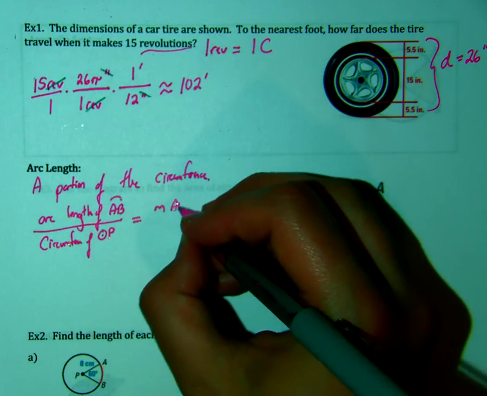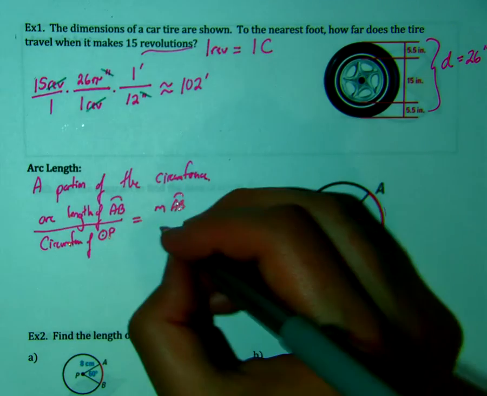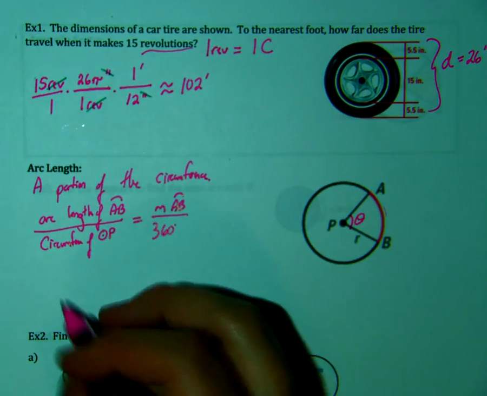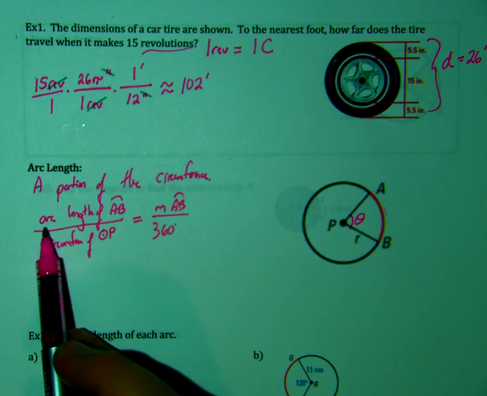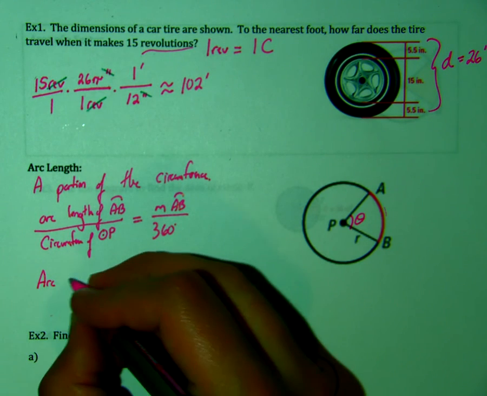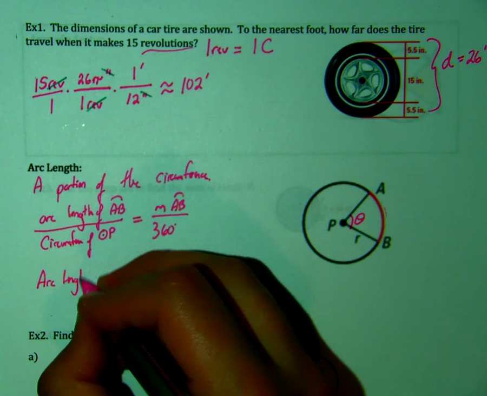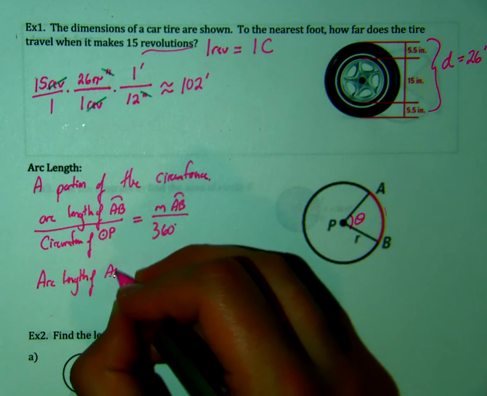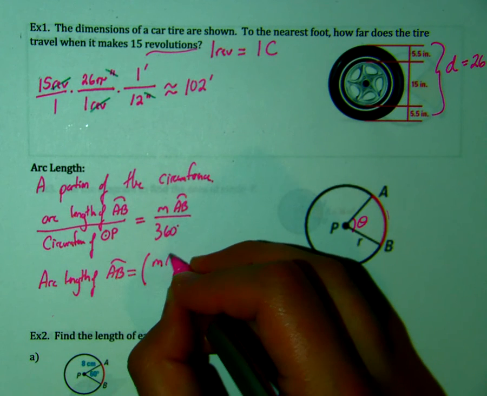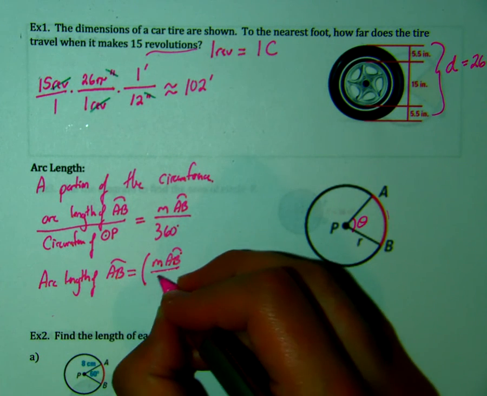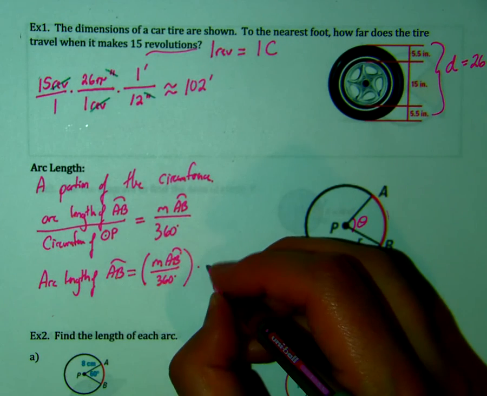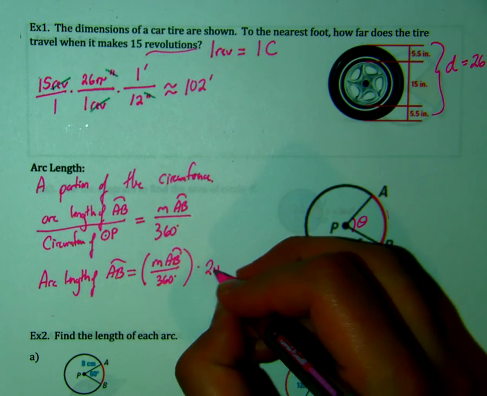So the measure of the arc AB compared to the measure of the whole circle, which is 360 degrees. And so if you are just interested in the arc length, you just need to multiply by the circumference. So you get this formula. So the arc length of arc AB, and I like to put this part in parentheses, is the measure of the arc over 360. So it's just a fraction of the circle times the circumference, which is either pi d or 2 pi r.